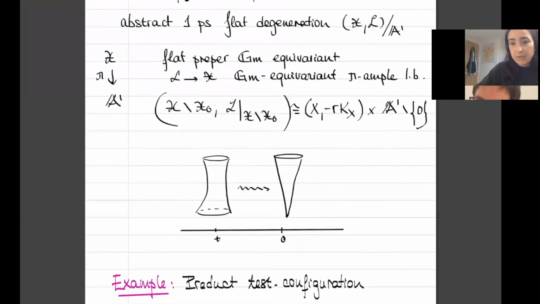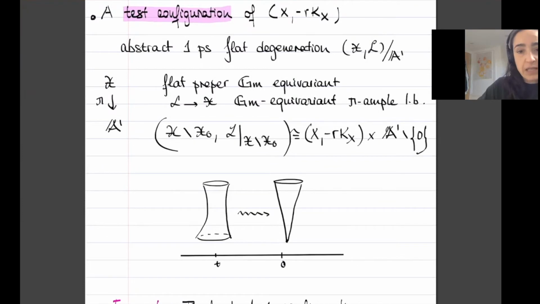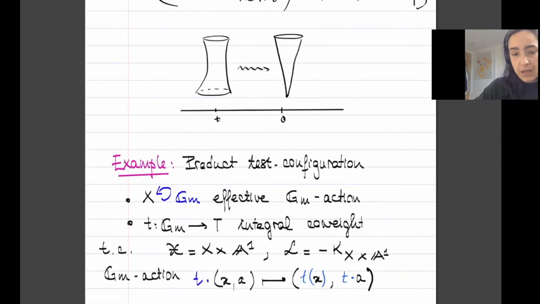So this is a picture of a test configuration. Of course you have the trivial test configuration, which is just the product of X, −rK_X with the affine line A¹. But an interesting case of a non-trivial test configuration is that of product test configurations.